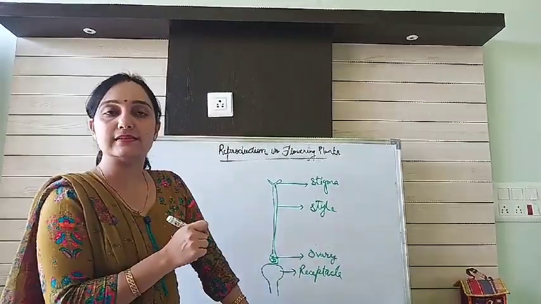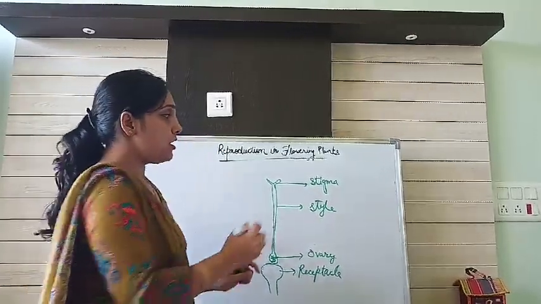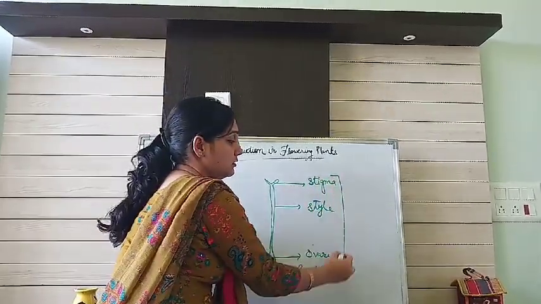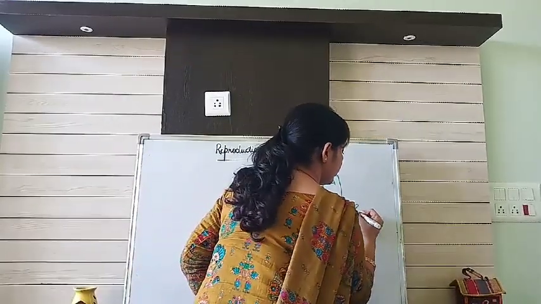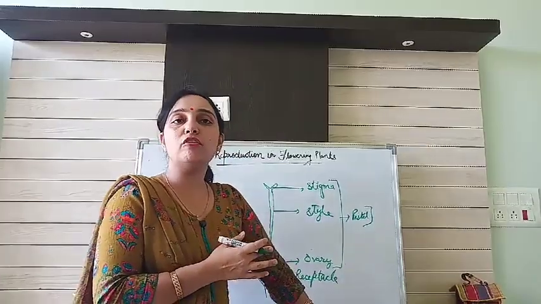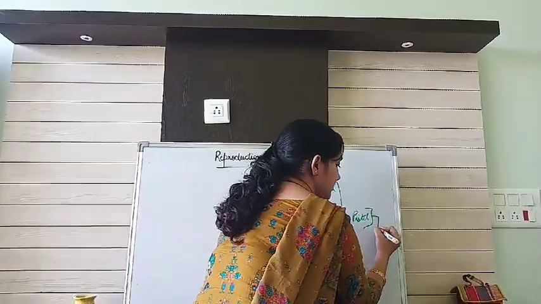This ovary consists of ovules in which egg cells are produced. Style, stigma and ovary together are called pistil, and the whorl of pistils is called gynoecium. This is gynoecium.